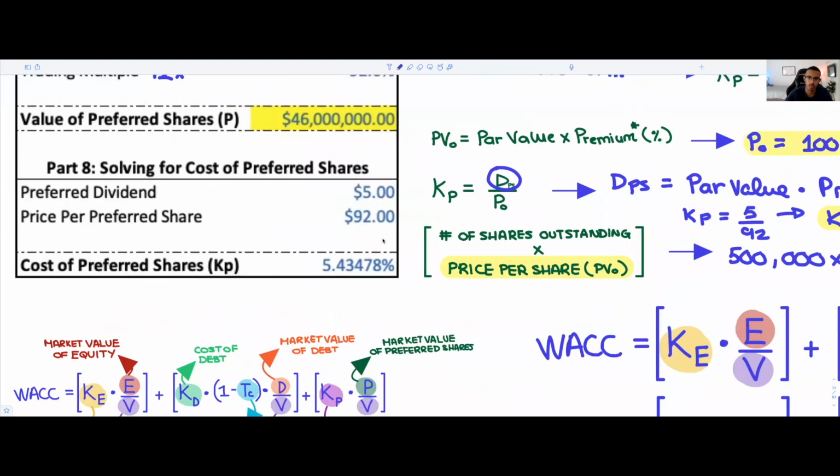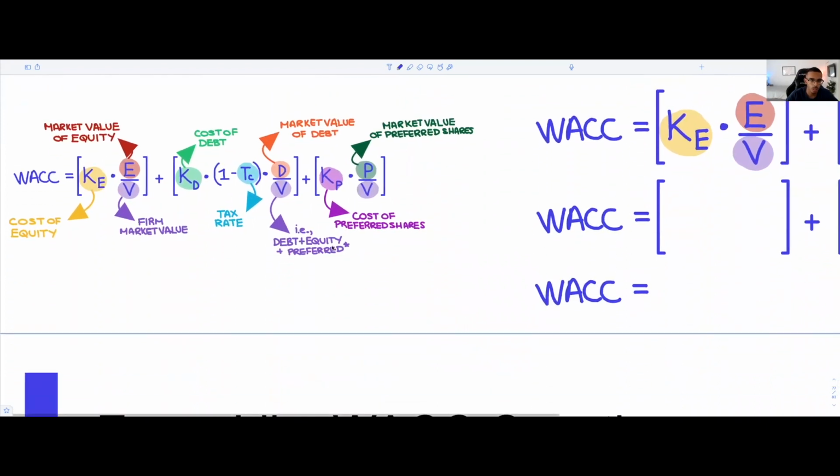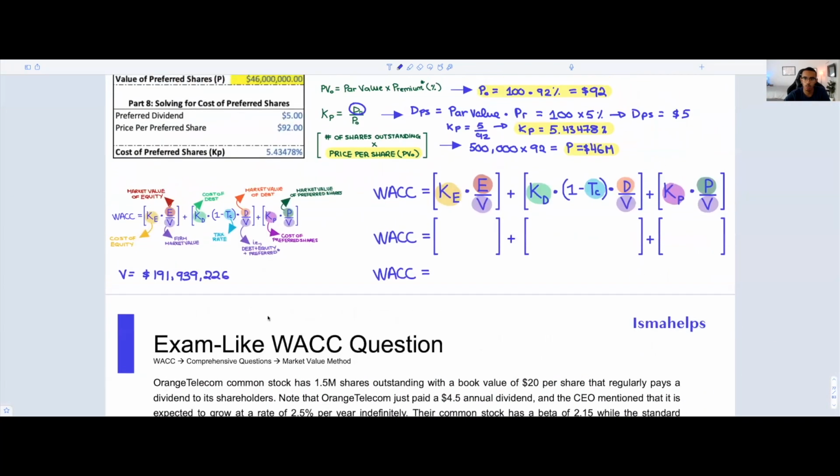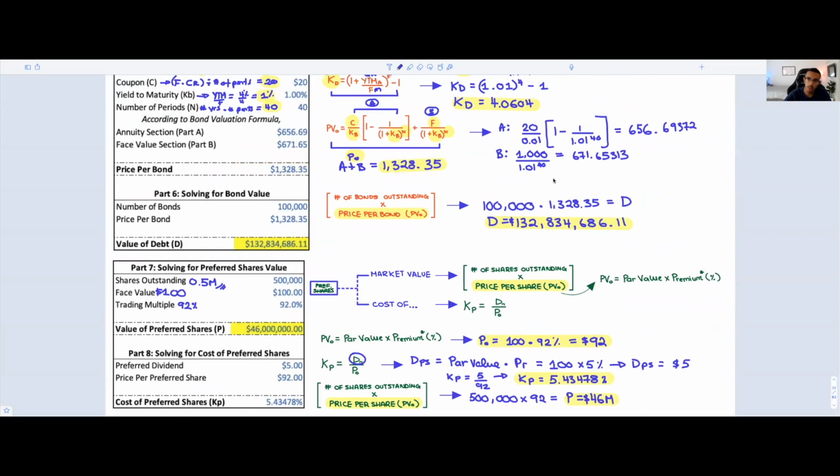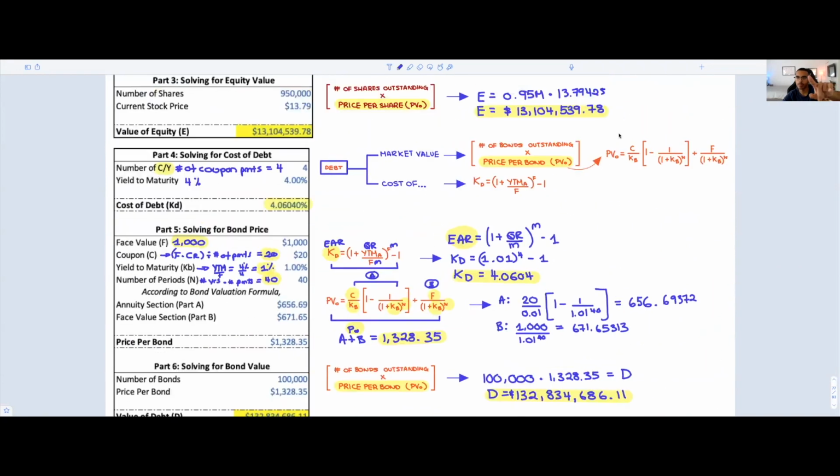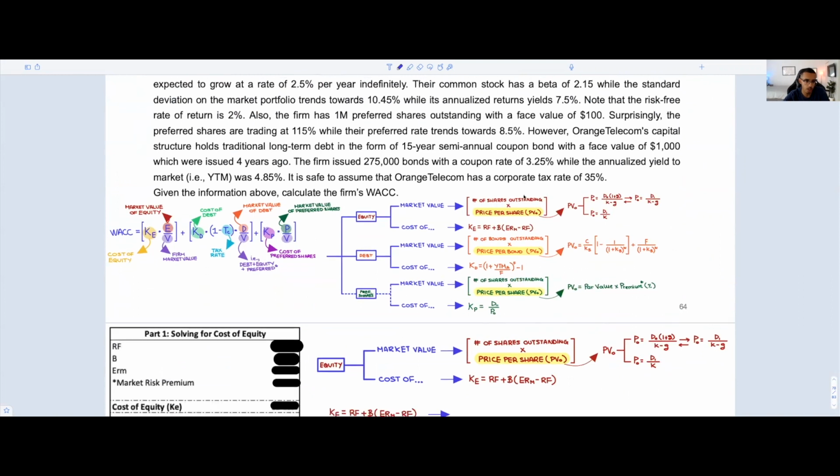Now that we have all these values, if you add all the numbers that we had prior, the value of the firm is going to be equal to 191,939,226. And if you want some active recall, we did 46 mil plus 132 mil plus 13 mil. If we zoom out a little bit, 46 million, 132 million, and at the top, 13 million. And that's going to give us our value of the firm.